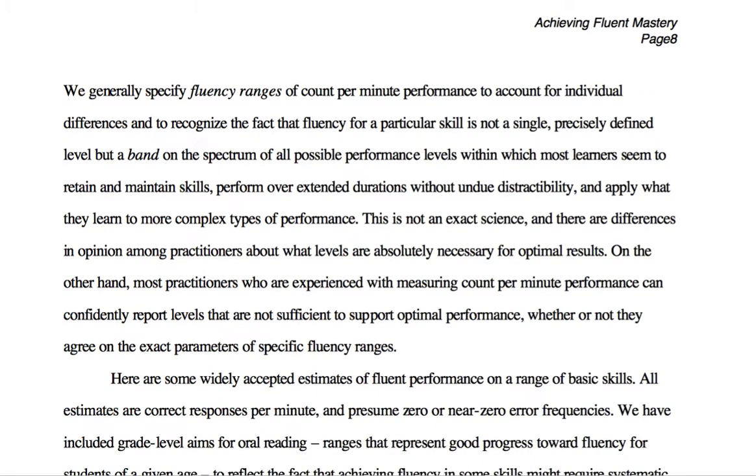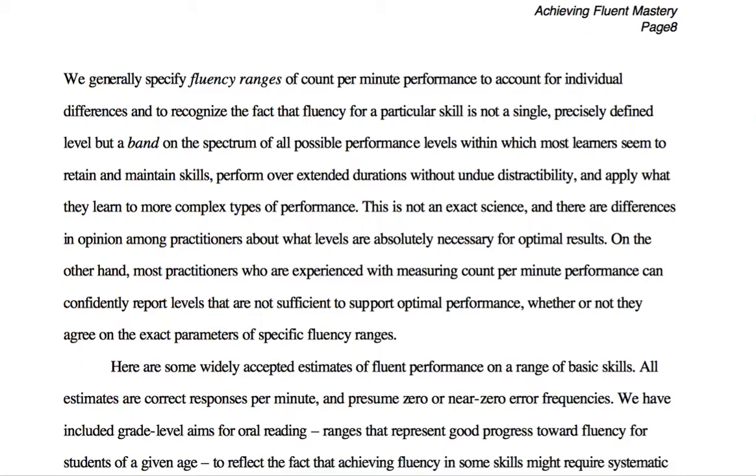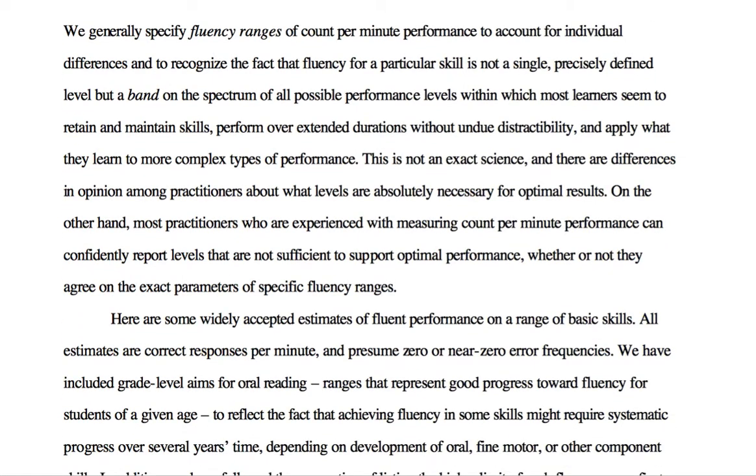We generally specify fluency ranges or count per minute performance to account for individual differences and to recognize the fact that fluency for a particular skill is not a single precisely defined level but a band on the spectrum of all possible performance levels within which most learners seem to retain and maintain skill performance over extended durations without undue distractibility and apply what they learn to more complex types of performance.